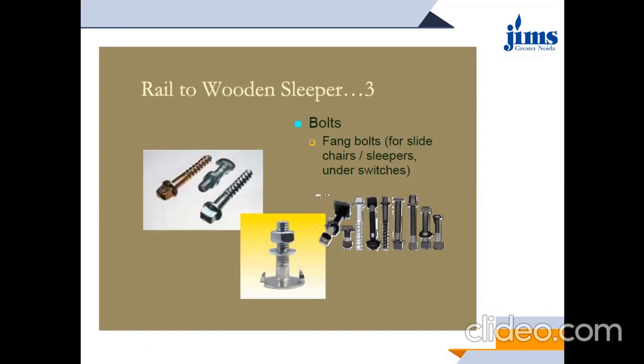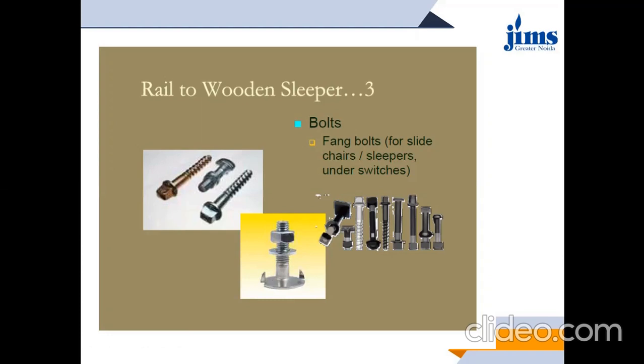Now the speciality of these fang bolts, in the diagram, you can see the middle diagram. You can see that at the head of the bolt, you will find two fangs. Why are these known as fangs? Because they resemble the actual fangs of animals, like snakes and reptiles and other animals.